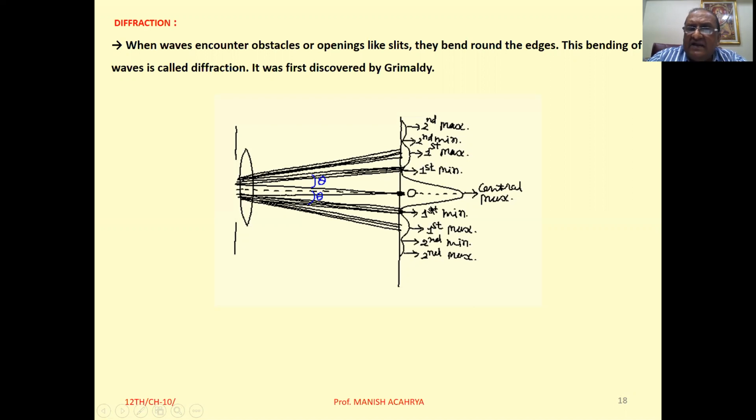Then again, on either side, you will get minimum intensities, which are known as the second minimas. Then again, you will get maximum intensities, known as second maximas. But again, the intensity of the second maxima will be very much less than that of the first one.